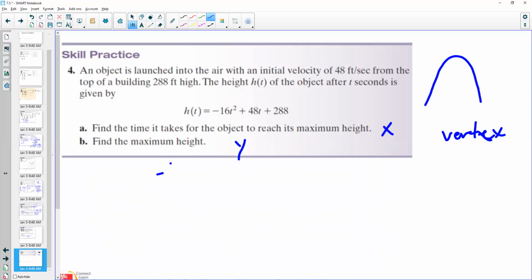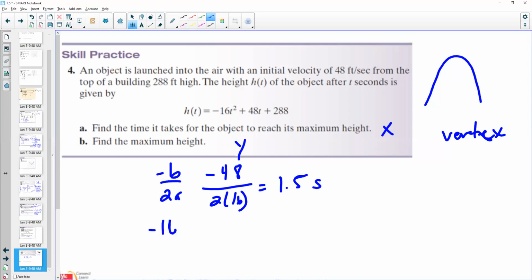So negative b over 2a would be negative 48 divided by 2 times 16. That's going to be 1.5. Well, so it's going to take 1.5 seconds to reach its maximum height. It's going pretty fast. And then I'm going to take that 1.5 and put it in for t.